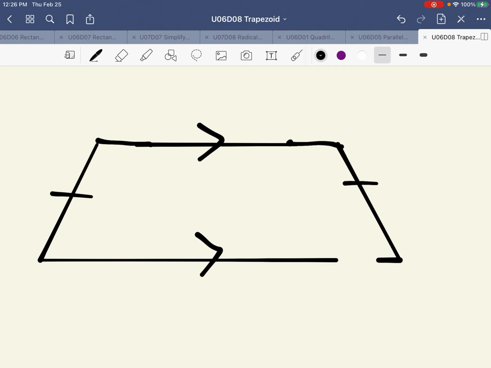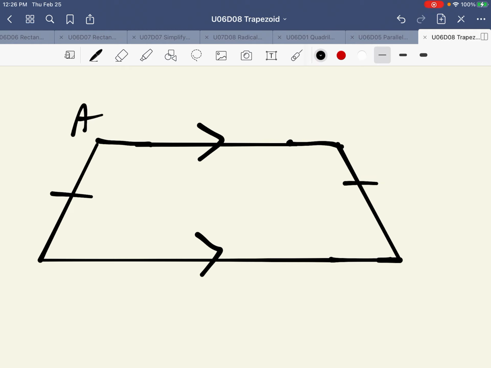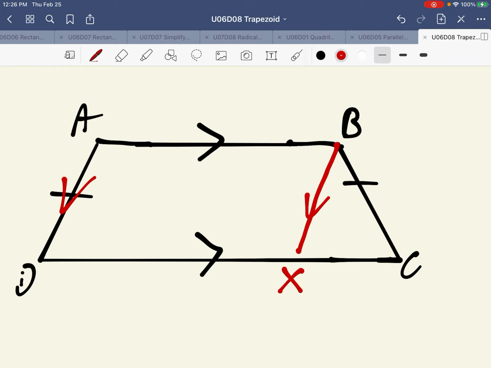So the briefest explanation as to why this is true is that I can draw a, we'll call this ABCD. So this is trapezoid ABCD. I'm going to draw an additional segment here that is purposely parallel to AD, and we're going to call this BX.